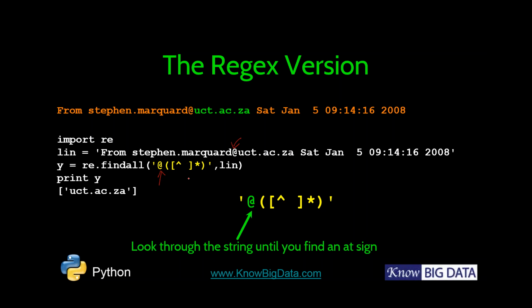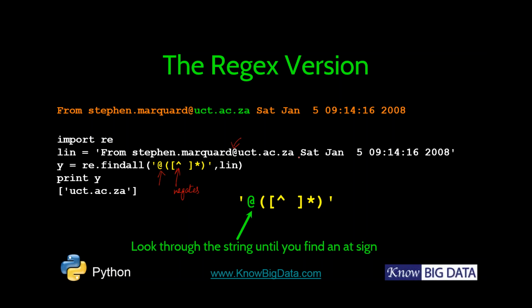It says anything which is not space. So it's basically non-white space, right? Anything which is not space. This basically negates, we saw in our last session. So anything which is not space is going to be searched for 0 or more times.